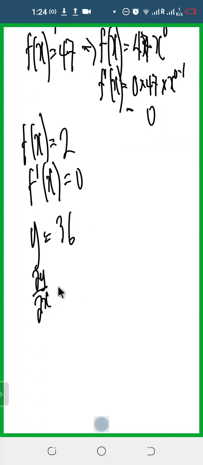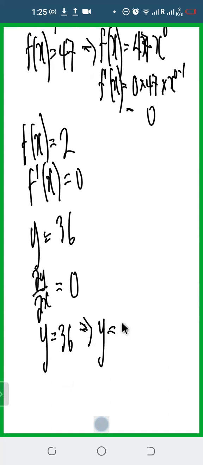So our dy/dx will be equal to 0, because we know that y equal to 36 is the same thing as y equal to 36 x raised to power 0. So the constant rule is just straightforward and simple.